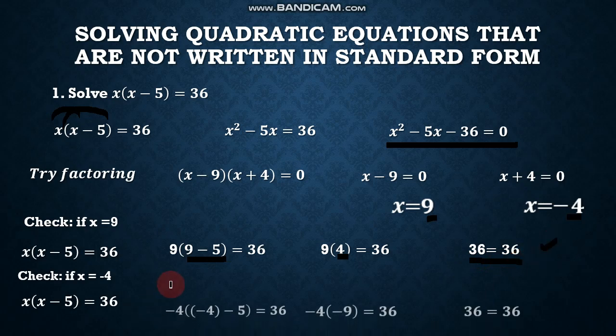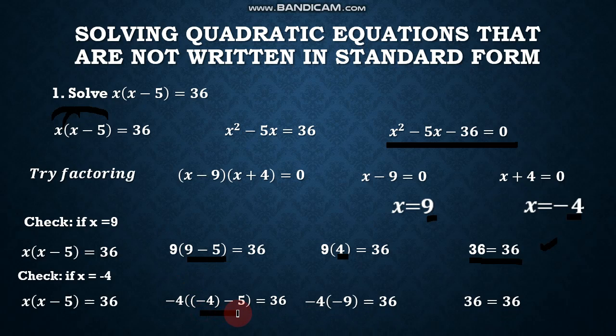And then do the same with negative 4. Negative 4 minus 5 we have negative 9, and negative 4 times negative 9 we have 36, equals 36. So check. The solutions of the equation x squared minus 5x minus 36 equals 0 are x equals 9 and x equals negative 4.